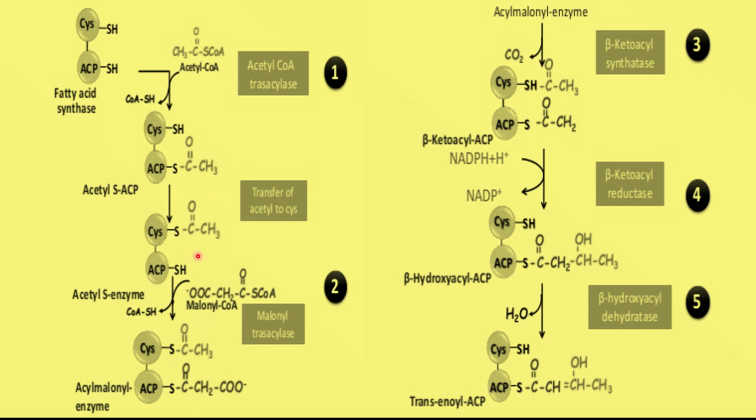Now this sulfhydryl group is empty for further acceptance of malonyl coenzyme A. Here there will be addition of malonyl coenzyme A. The second enzyme is the malonyl transacylase enzyme. And what is this enzyme doing here? It is adding on this malonyl coenzyme A.